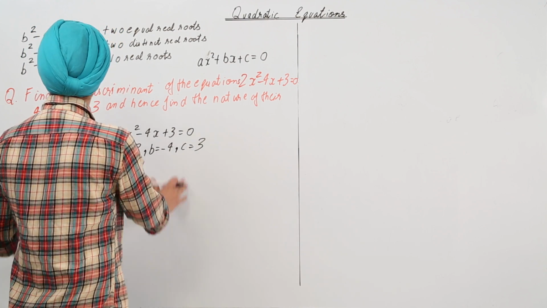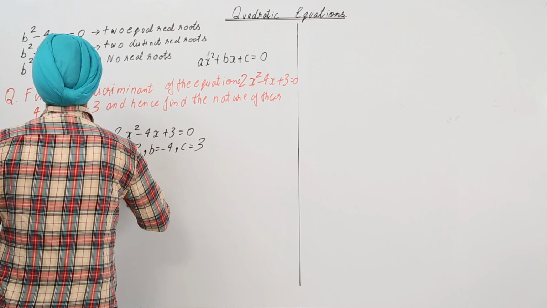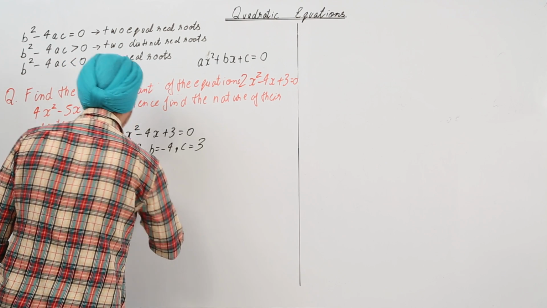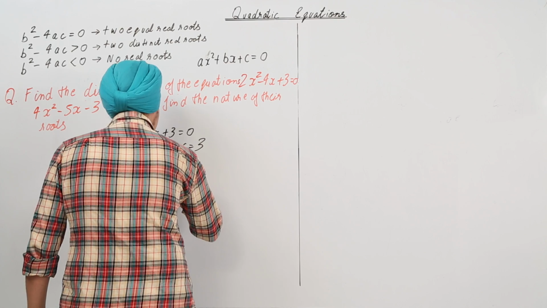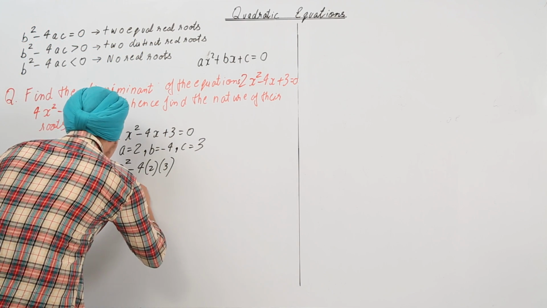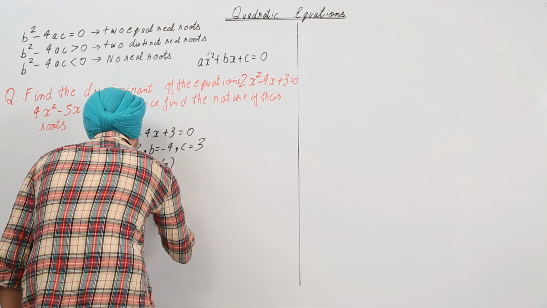So if a is equal to 2, b is equal to minus 4 and c is equal to 3, we put this into b square minus 4ac, we get minus 4 square minus 4 into 2 into 3. So this is 16 minus 4 into 2, 8 into 6, 24.